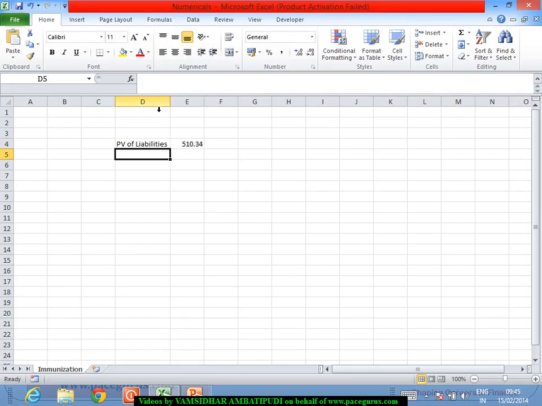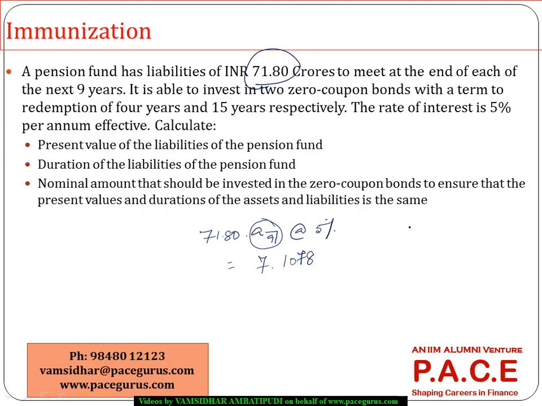So the present value of the liabilities overall is 510.34 crores. That is the present value of the liabilities. So I have to make sure that the present value of the assets also will be matching up with that particular number to make sure that my portfolio is immunized towards small changes in the interest rate.